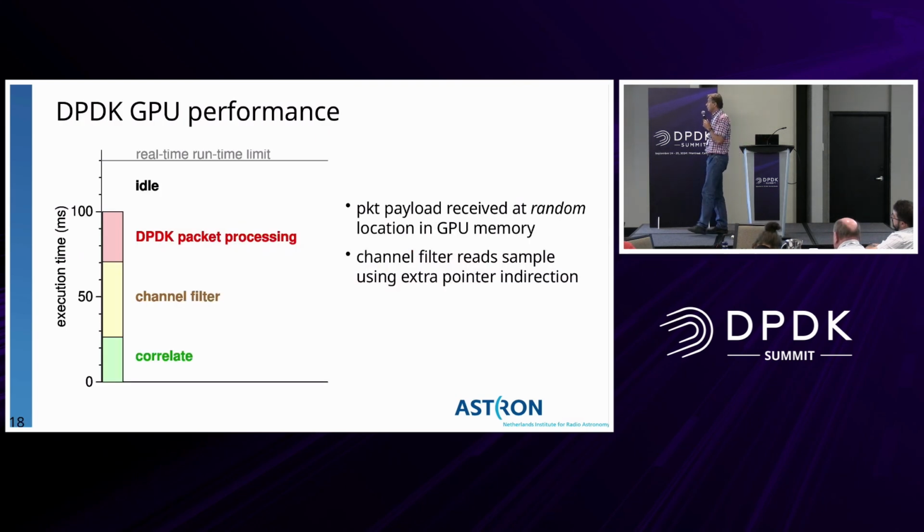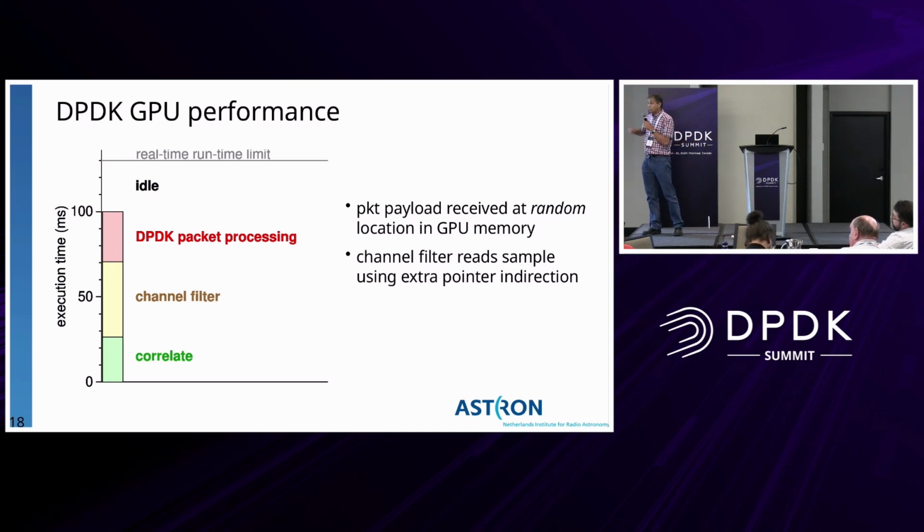And if we look at the performance, recall that this is a real-time application. So if we cut the data stream into pieces of 130 milliseconds, we have 130 milliseconds to process the data. And fortunately, the GPU is fast enough.